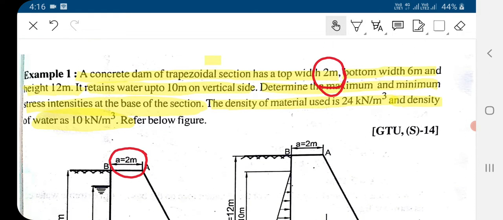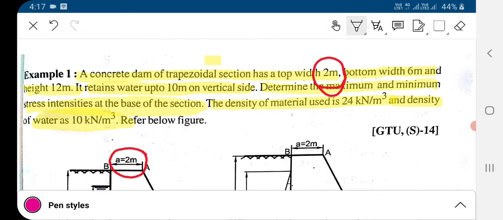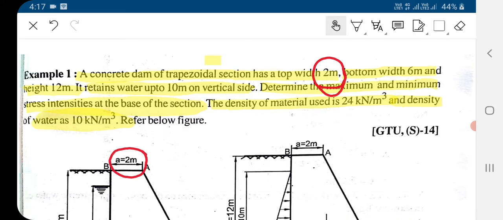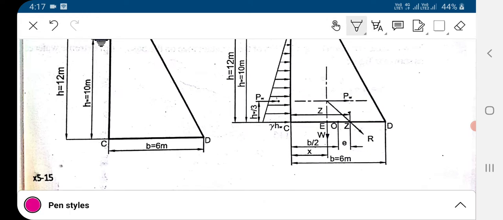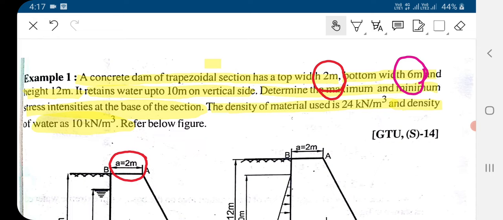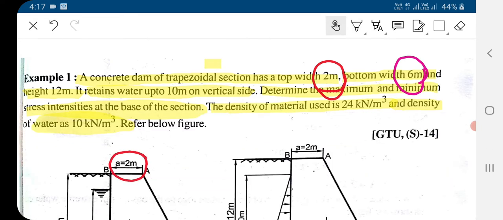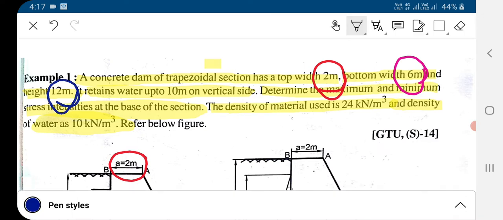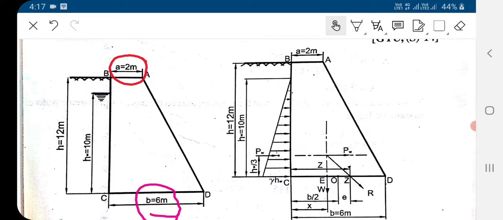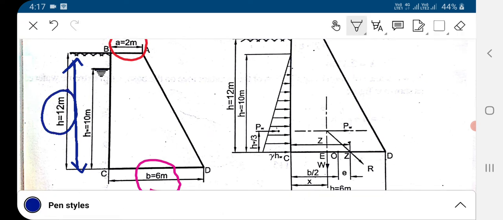The bottom width given to us is 6 meter, so in the figure the bottom width we have drawn is 6 meter. Now the third data given is the height of dam, which is 12 meter. So in the figure the total height of dam is 12 meter.